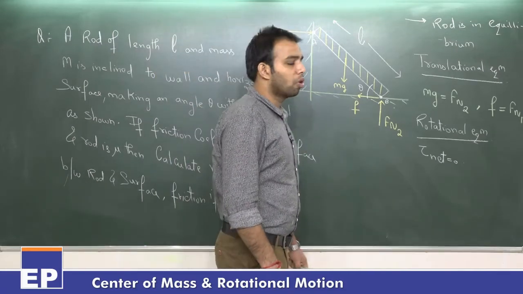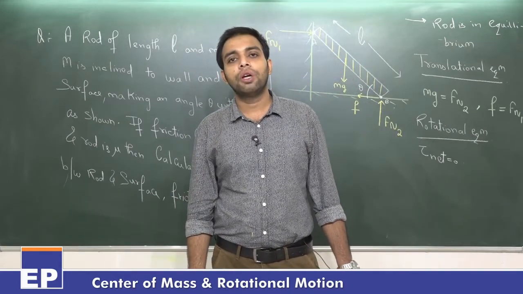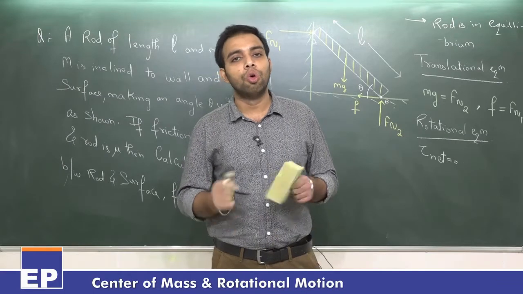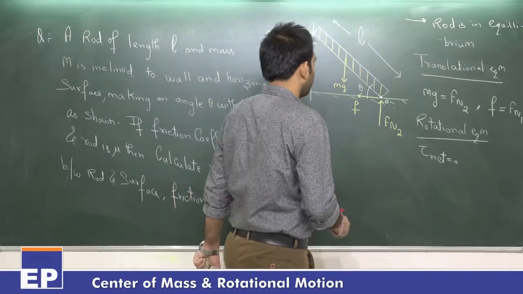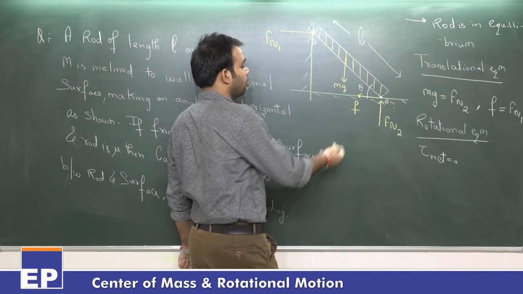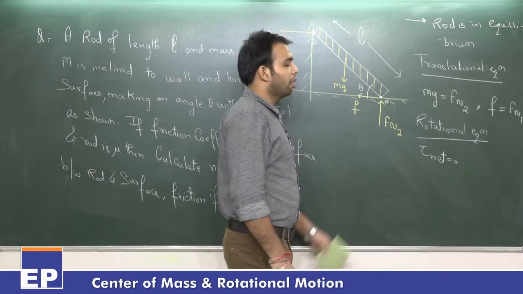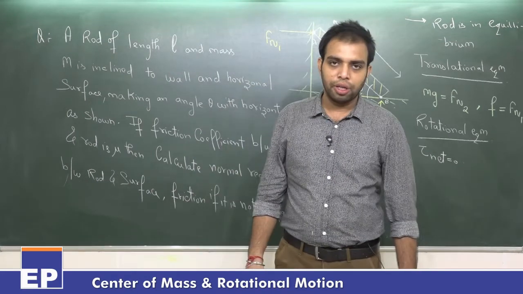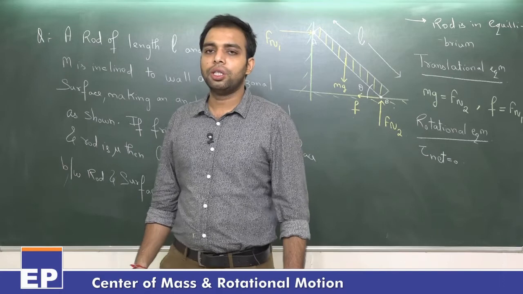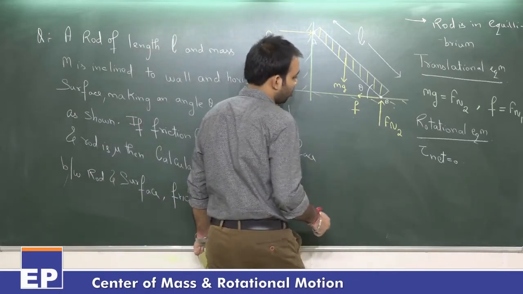So we will write the torque about that point from where the other forces are passing, so that we do not have to consider the torque for those forces. Like if you take the point B, there is no need to write the torque of these two, but we have to write the torque of mg and Fn1. So we can say torque net about B.